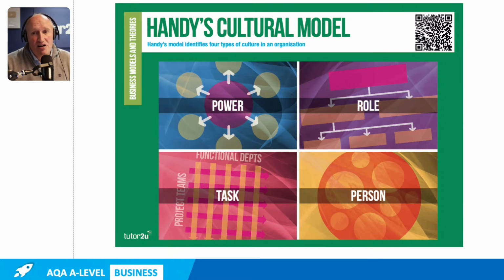So Handy's model, really, it's simple, isn't it? There are 4 different types of culture. The power culture is all about power being held at the centre. An organisational culture where the boss is in charge. Often the founder. Often that's a culture that applies in a small, young business where the founder is the leader and probably does too much.